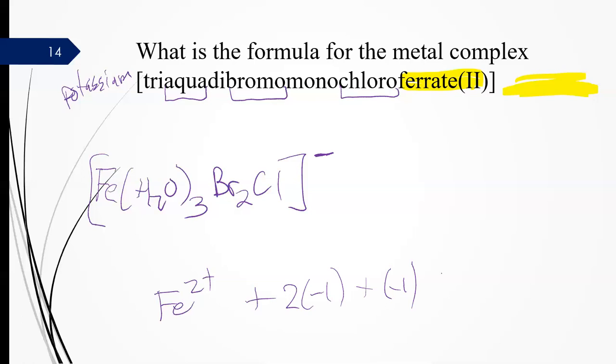A good way to check on that is we have this ending in an ate. If it ends in ate, what does that tell us about the charge of that complex? Anion. It means that it's an anion, so it's going to be a negative charge. So you just want to make sure that you have those different parts as you're practicing.